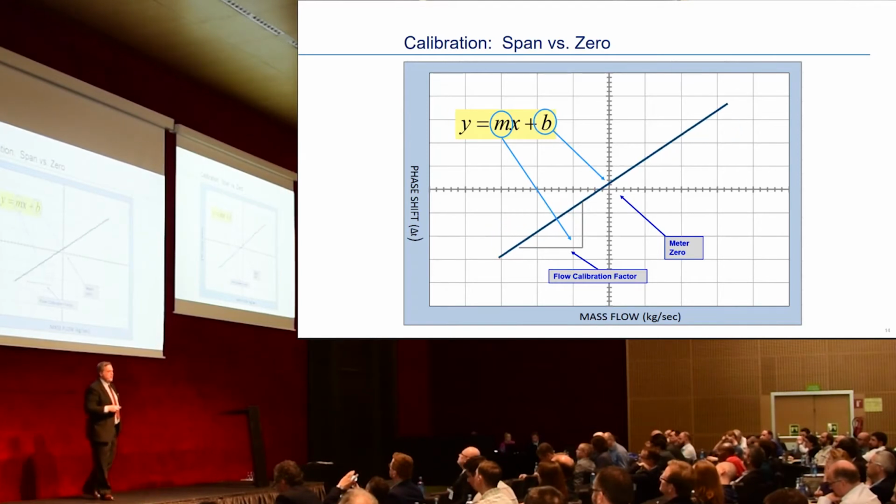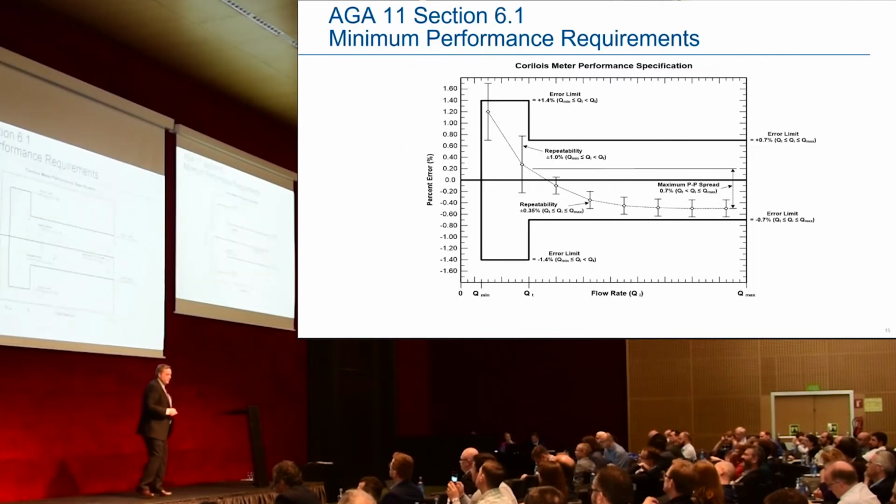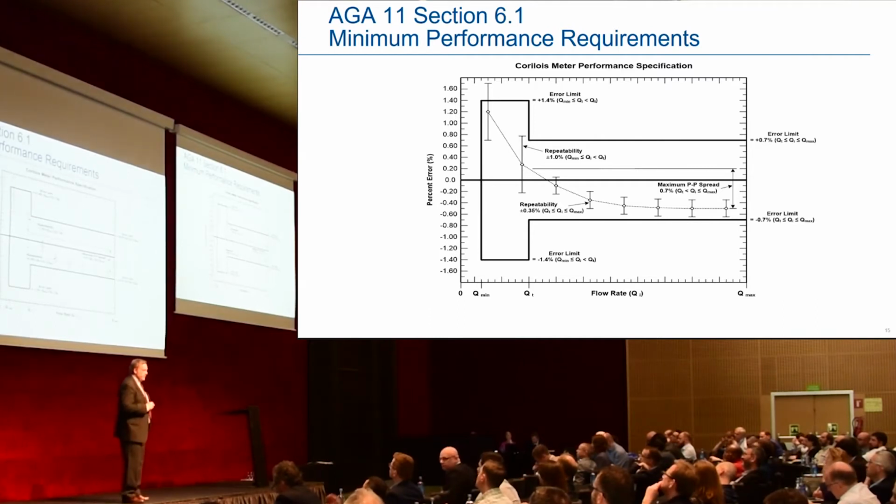Unlike if the flow calibration factor changes, where you have this type of effect. It's a one-for-one relationship between percentage error and the shift in the flow cal factor. So we spend a lot of time putting emphasis on getting the flow calibration factor correct, and that's what we calibrate before the meters leave the factory.